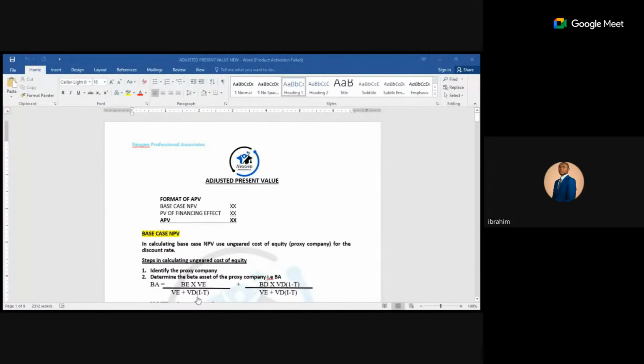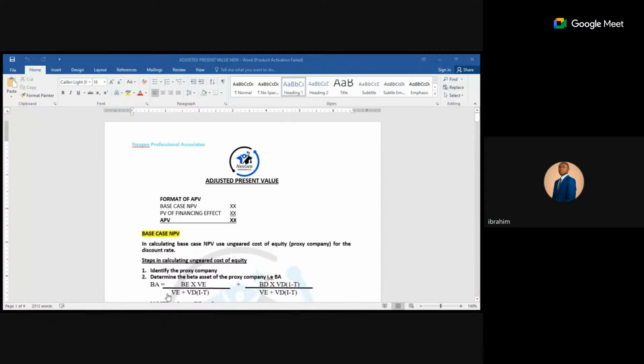Okay, a quick recap on adjusted present value before we solve illustration 3 on the material. Adjusted present value considers all the sources of finance, meaning that when a company wants to embark on a project, in calculating the APV, you need to consider all the sources of finance.